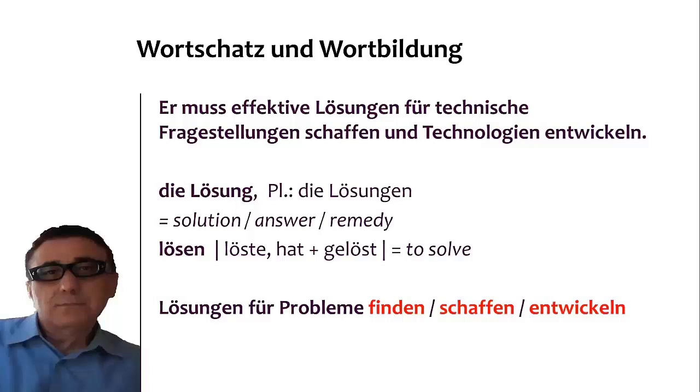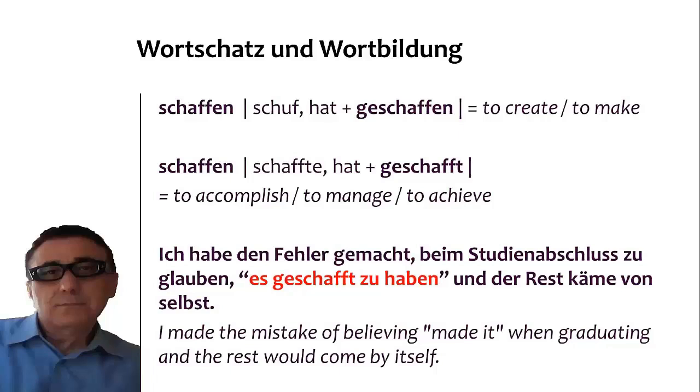Let's look at the other words. Schaffen. Please pay attention that schaffen is a very important and a little bit complicated verb. Why complicated? Because it has two different conjugations and respectively two different meanings.